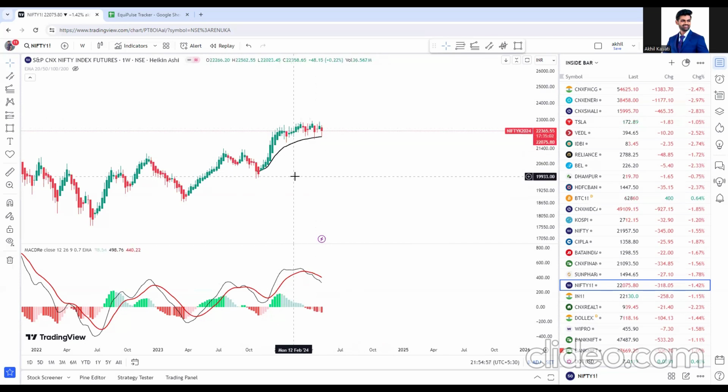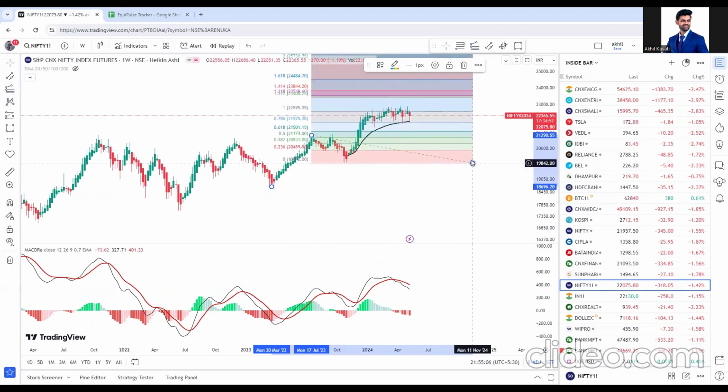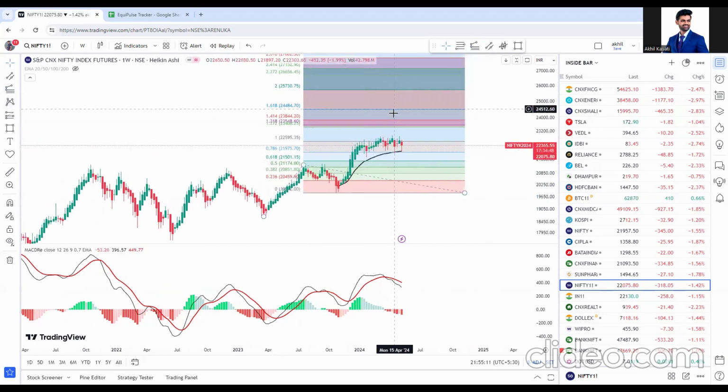And just to measure the size of it, normally what the theory says is that your wave threes are at least equal to wave one, and in most cases it would be 1.618 times your wave one. So what level are we looking at? Equality, we have already touched and we are consolidating. And 1.618 is somewhere close to 24,448. Let's not discuss that, but at least going by equality, we have already hit it.